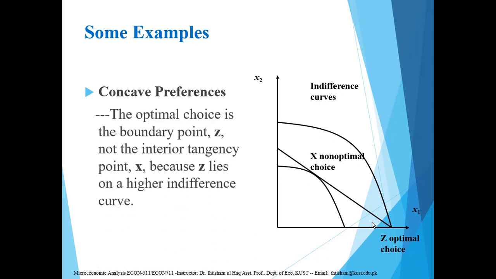Why? Because it is giving the maximum possible level of satisfaction, or our consumer is on a higher indifference curve. So in case of concave preferences, the optimal choice is the boundary point Z, not the interior tangency point X, because Z lies on a higher indifference curve.